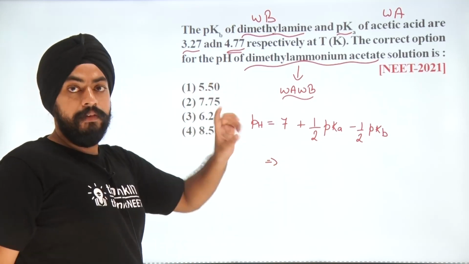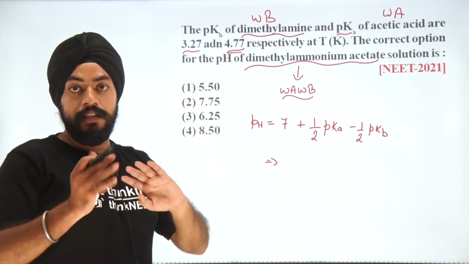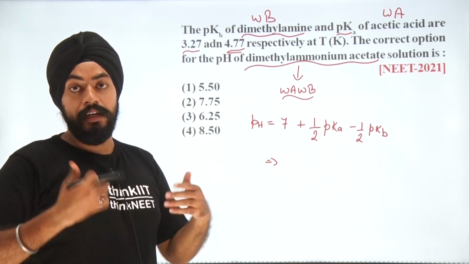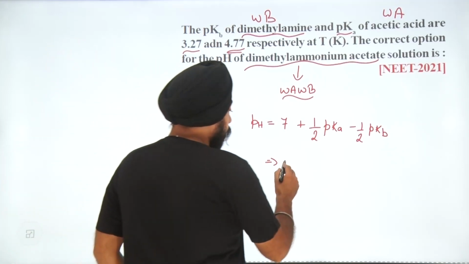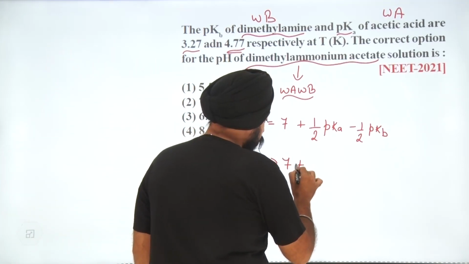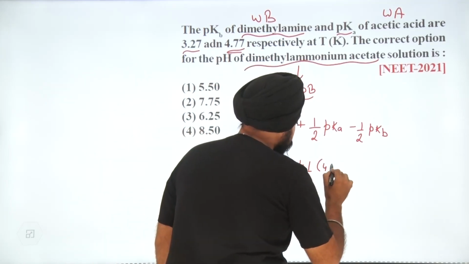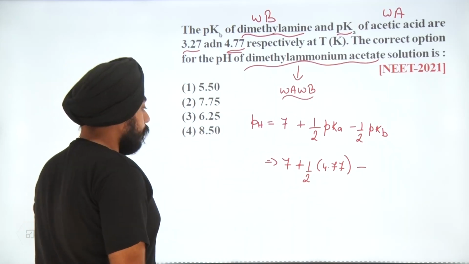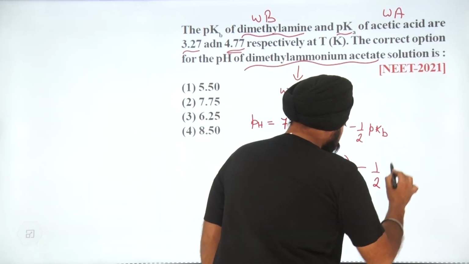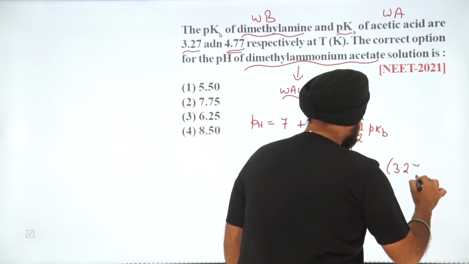So you need to be very attentive while attempting, because the question is simple, but a student might make a mistake while doing the paper, and he might rush. So this will be 7 plus 1 by 2 into the pKa value, which is 4.77, minus 1 by 2 into the pKb value, which is 3.27.